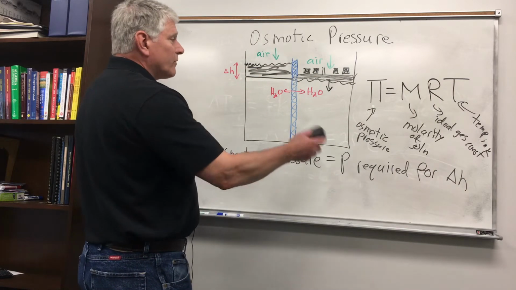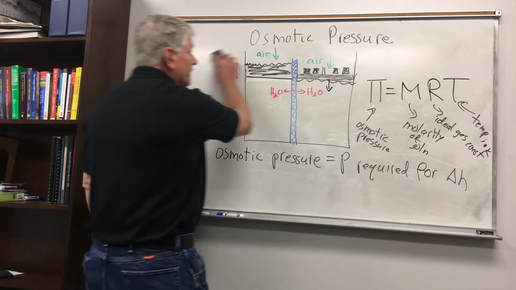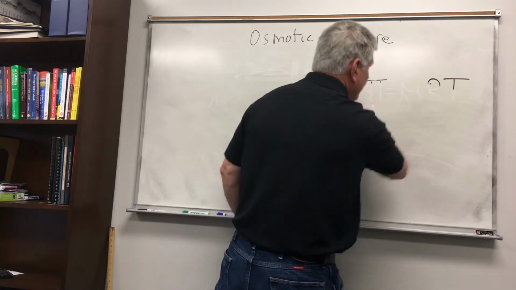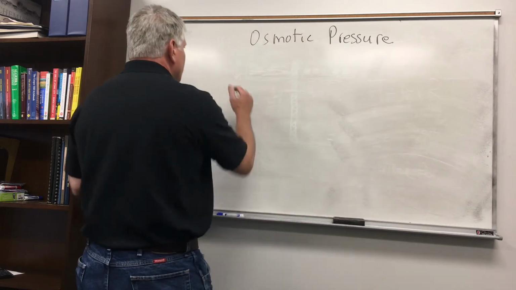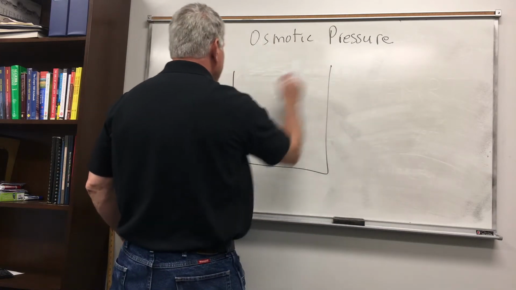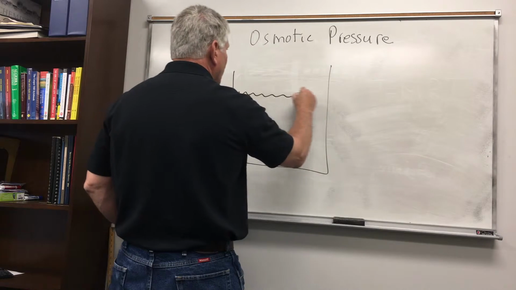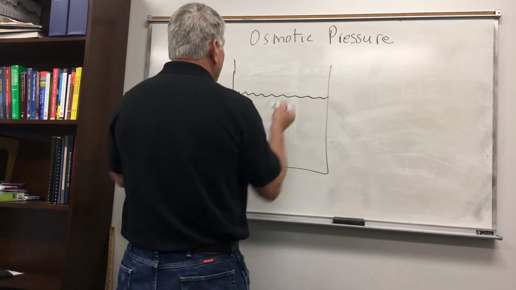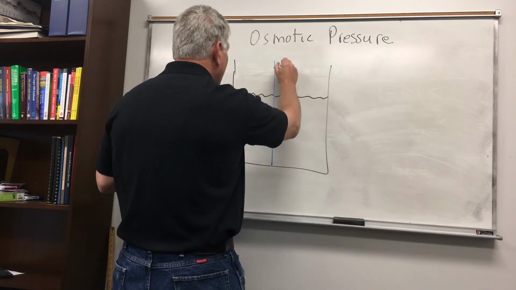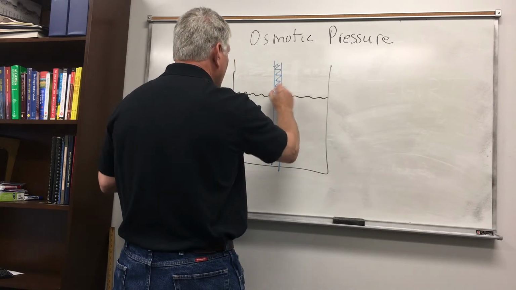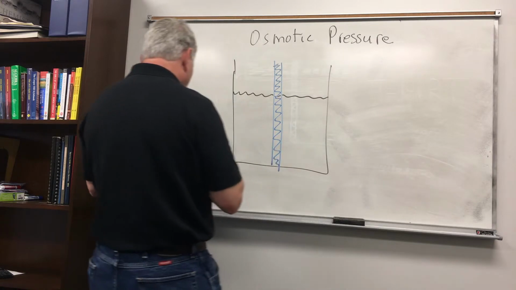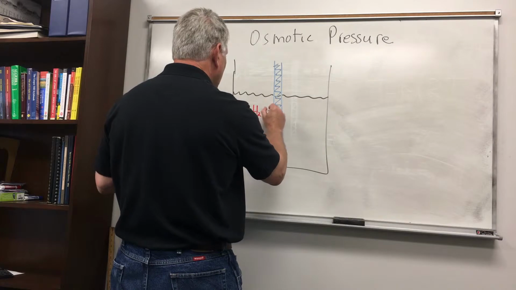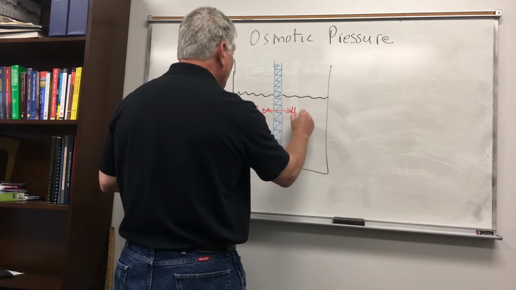Now, how this works for a solution is as follows. So we have our container with our water level in it. And we put in a divider again. And this divider will allow water to flow back and forth.